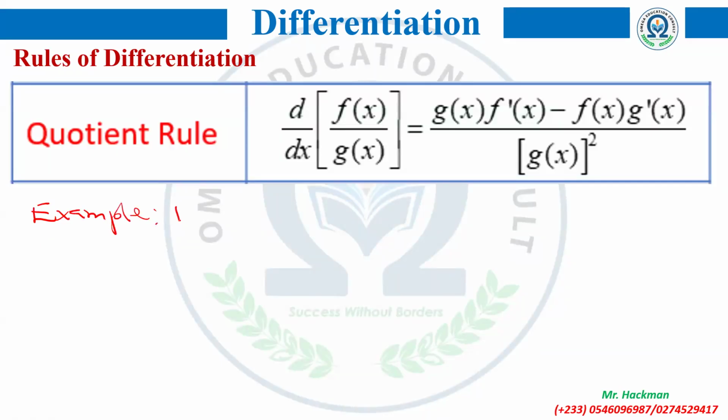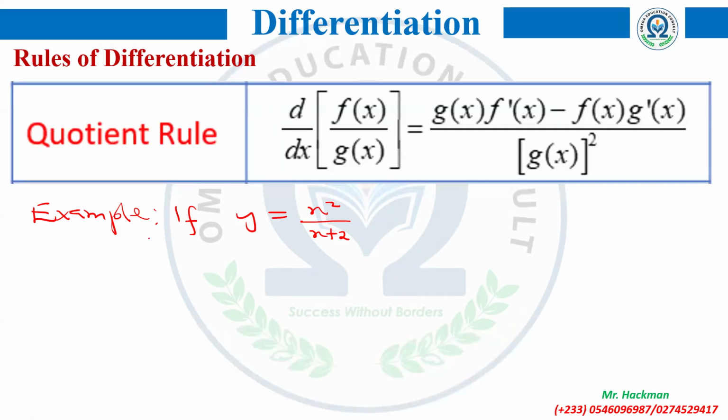If I have maybe a function y equals x squared over x plus 2, this is what I have. Obviously, you can see that your function y is a rational function, a function over another function, a quotient of functions.